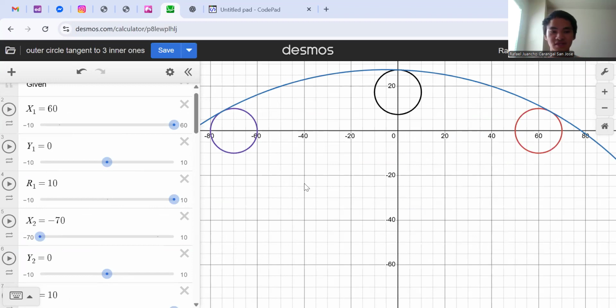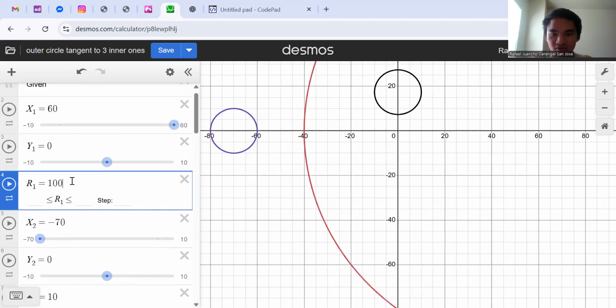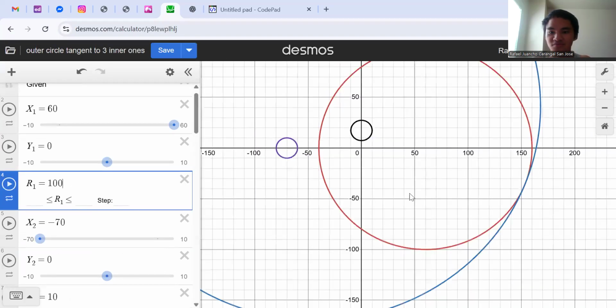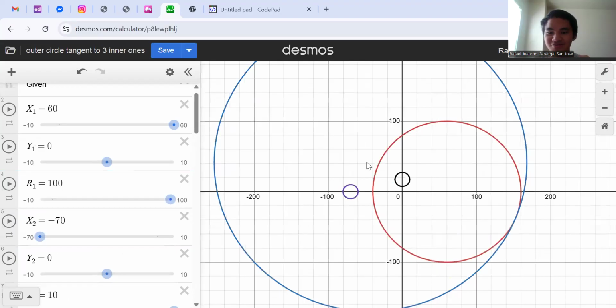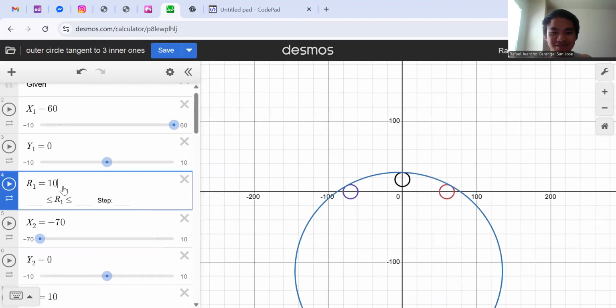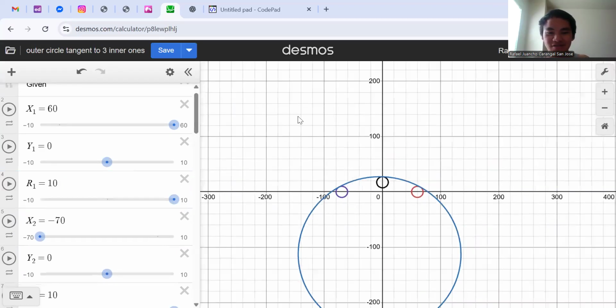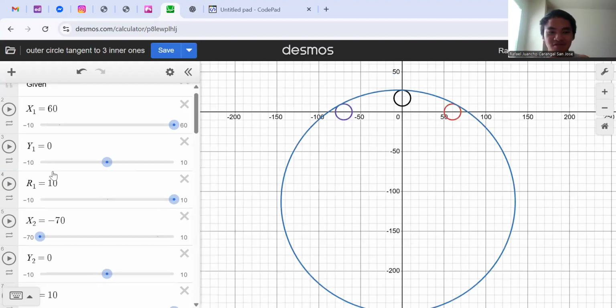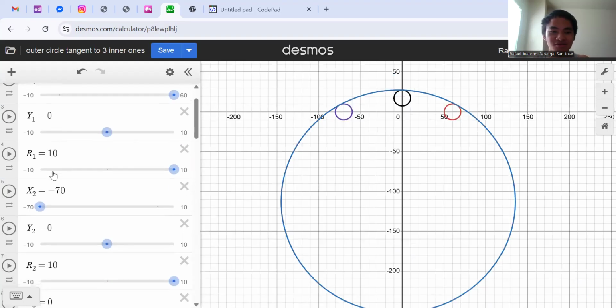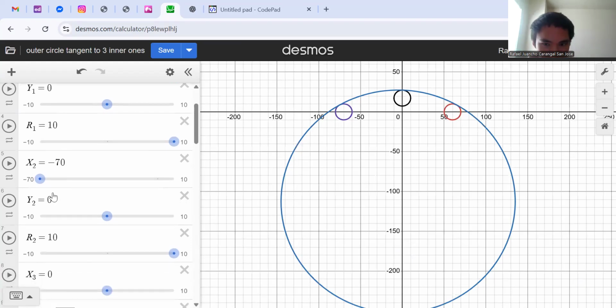My only assumption is that, but the moment I change my radius, say to 100, well, there's the issue, right? See, now something iffy is going on. But if I just play around with it and don't touch the radius, no, we can touch the radius, but if we just leave it at that, then we should be good to go.